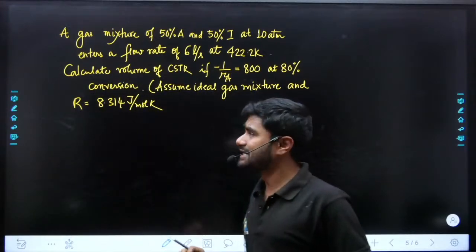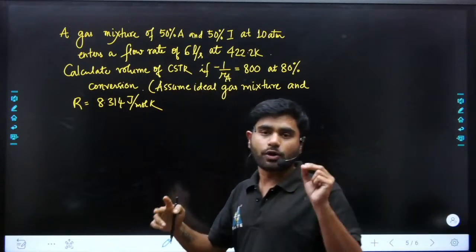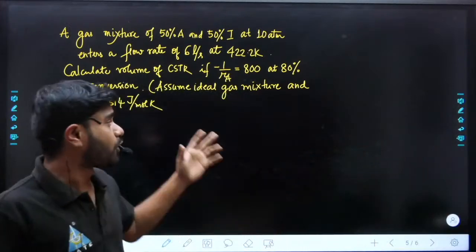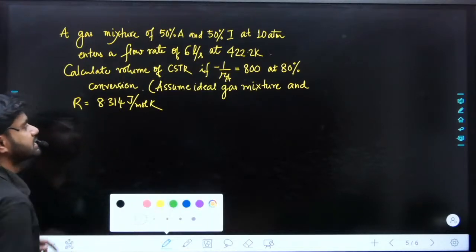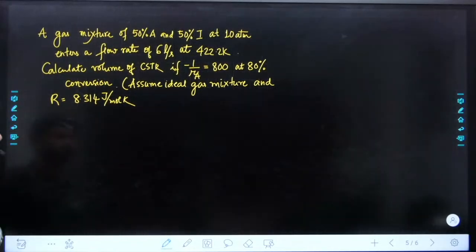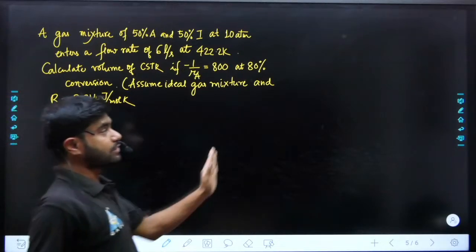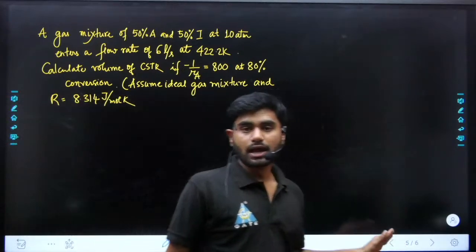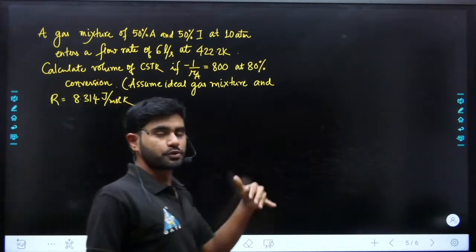So when we target any specific quantity, the first thing is the volume according to this question. Let's start. I'm writing the sequence of steps on the right hand side and the calculation part on the left hand side, so that you can also know the steps for how to proceed for a given question.